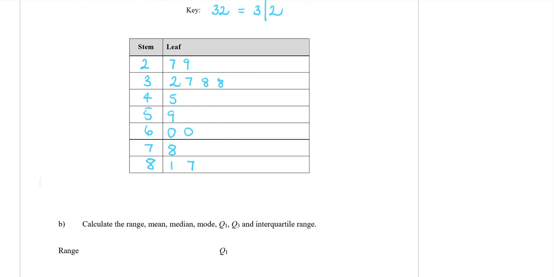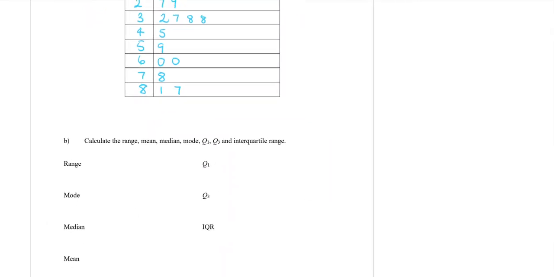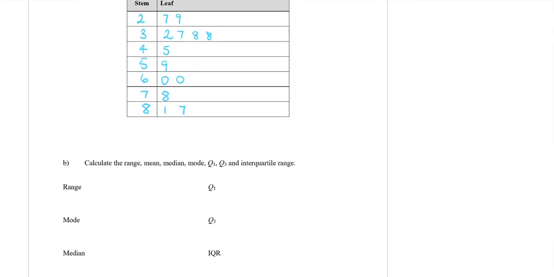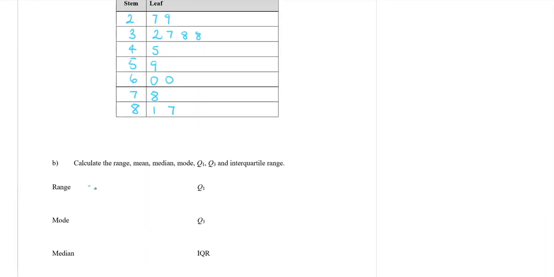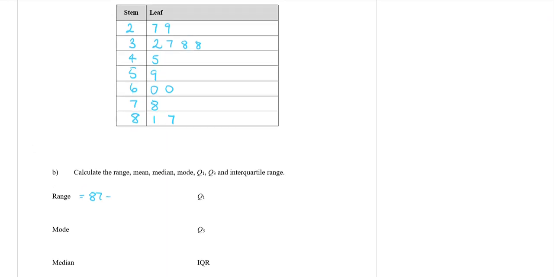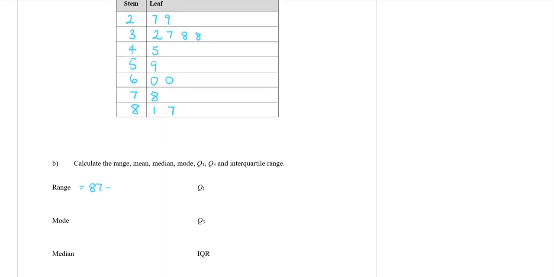Now let's find all these lovely things. Range first. Highest score minus the lowest score. So the highest score is the very last one here, which will be 87. So we're going to have 87 minus, what's the lowest score? 27. 87 take away 27 is 60.